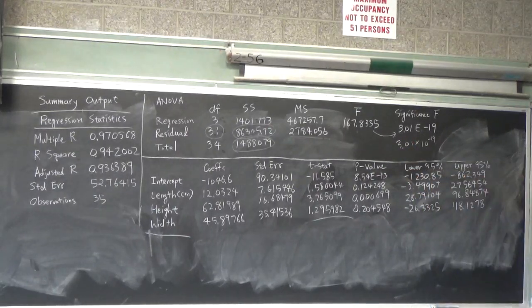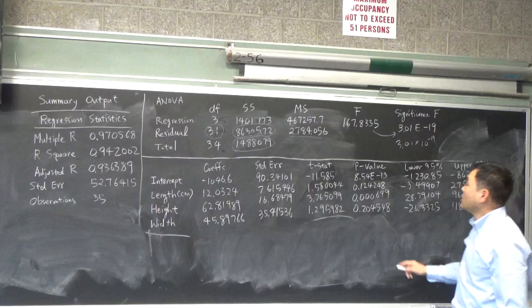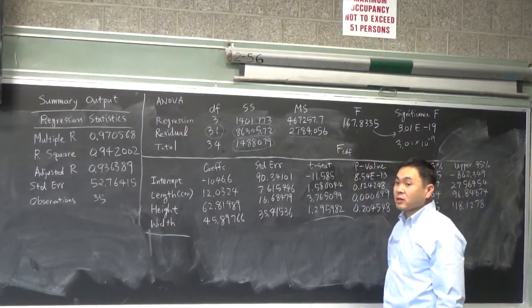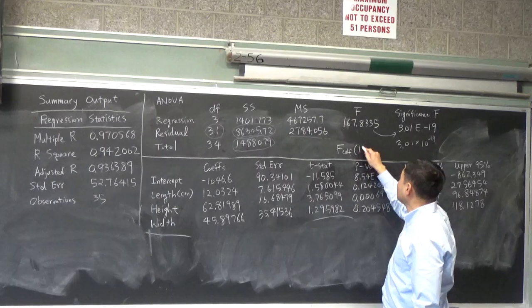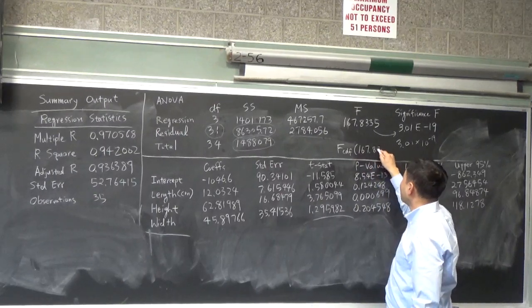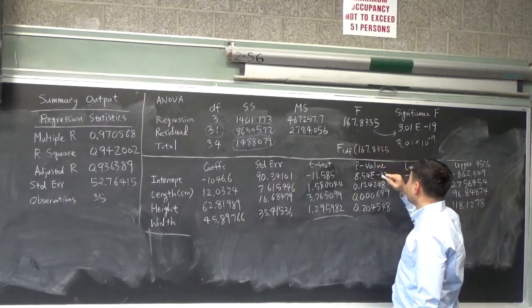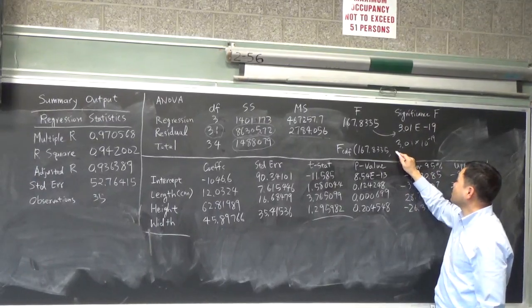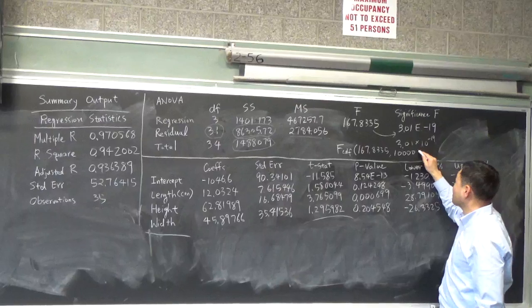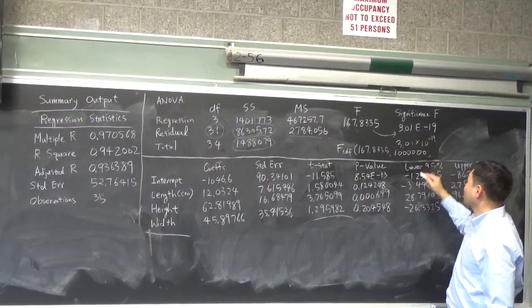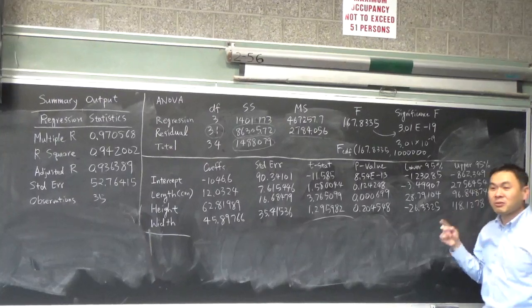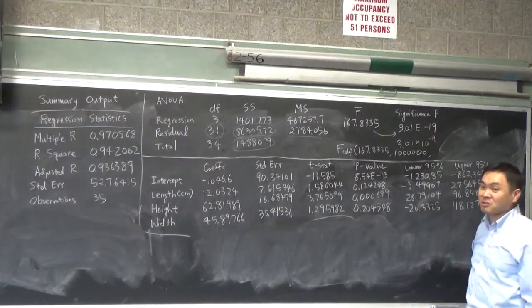Well, you would do FCDF in your calculator, and you do 167.8335, and then until some high number, 10,000 or something. Put something big, million, something like that. Because you don't have a symbol for infinity, you just put some large number.